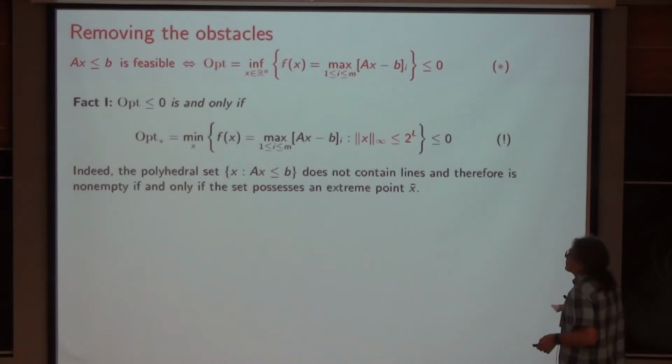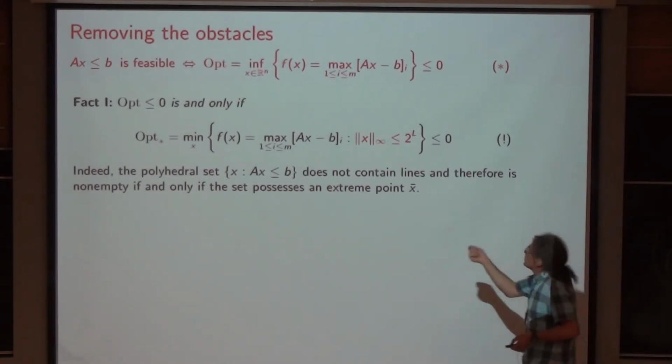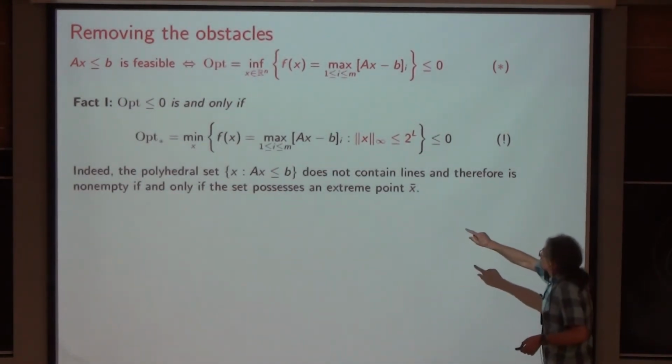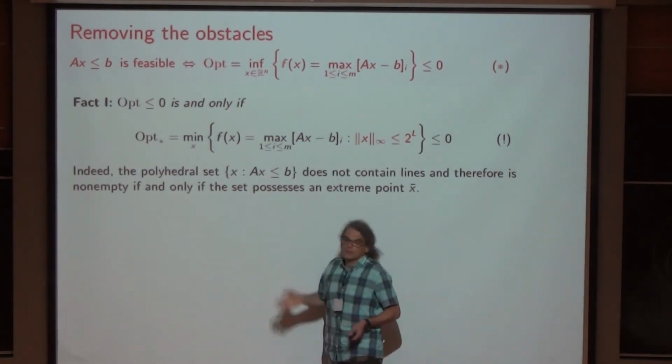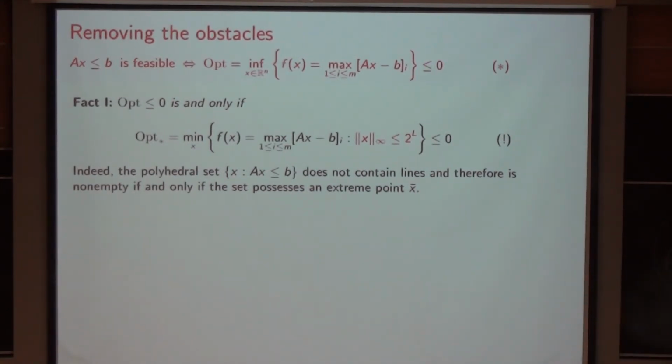So we have assumed that there are no linearly dependent columns in A. It means that the polyhedral set like this does not contain lines. A convex set which does not contain lines has extreme points.